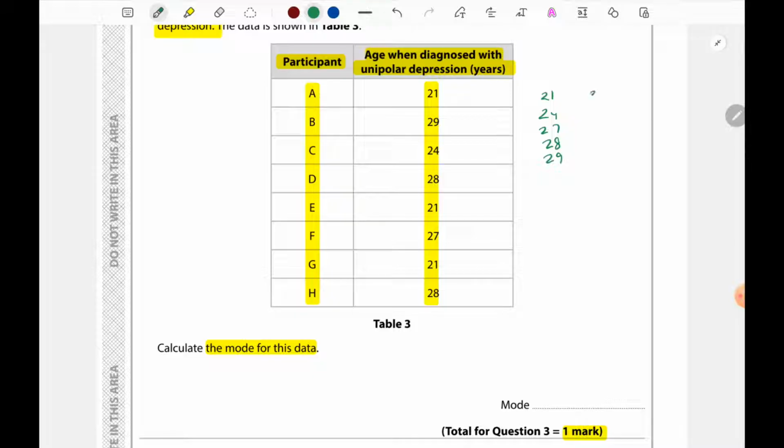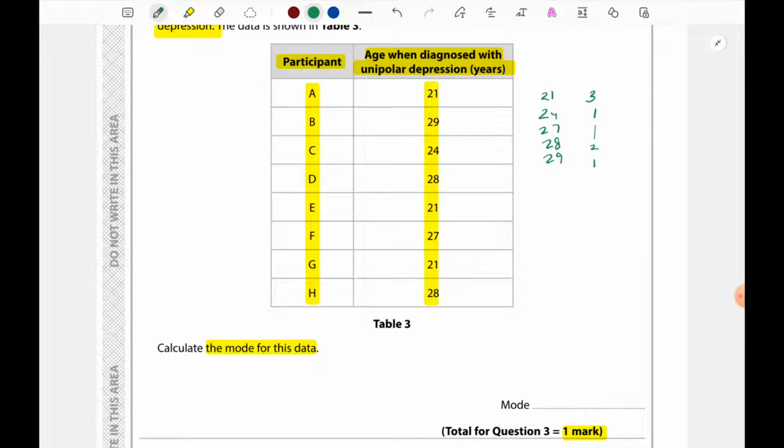So 21 is occurring thrice, 24 is occurring once, 27 is occurring once, 28 is occurring twice, and 29 is occurring once. So you can do this whole calculation and show. But like I said, it's counting based, it's not calculation. This is also not calculation, it's just counting the frequencies.